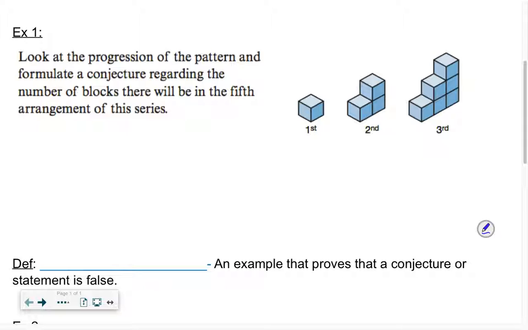On your own, between you and your partner, or between you and the people in your row, go ahead and determine how many blocks there will be. Check with the people within your row, then we'll share it together.